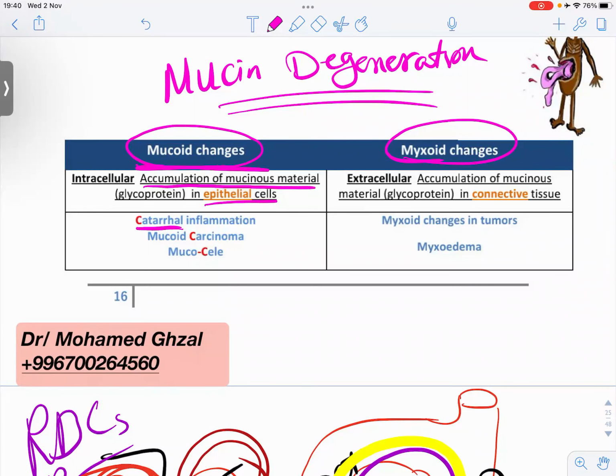Because when you get inflammation, the immune cells will go to the mucus cells and start to fight the infection, and the mucus cell will be hyperactivated, secreting a lot of mucin to protect your epithelial tissue. When it gets inflamed, it will try to protect itself by secreting a lot of mucin. And mucin will be accumulated inside epithelial cells, and the epithelial cells, when filled with a lot of mucin, will be ruptured, and then you will get a runny nose.